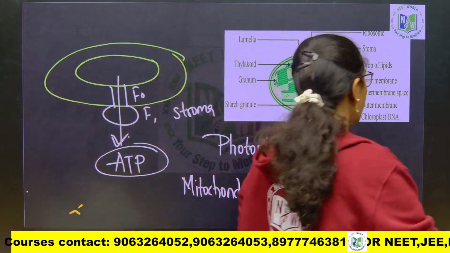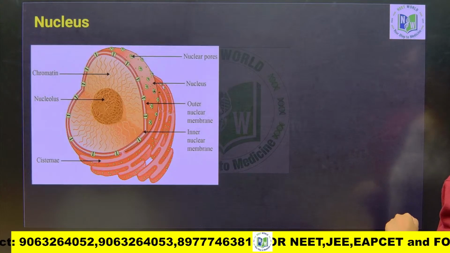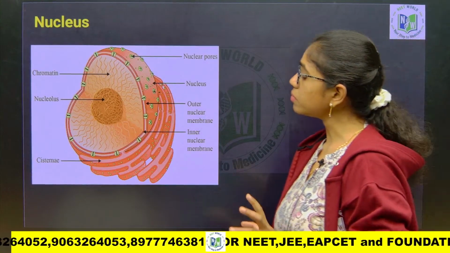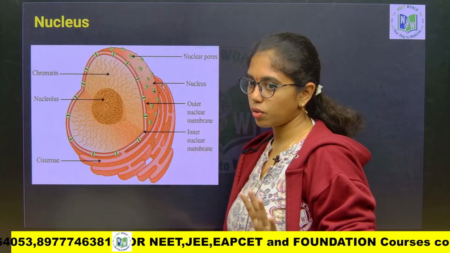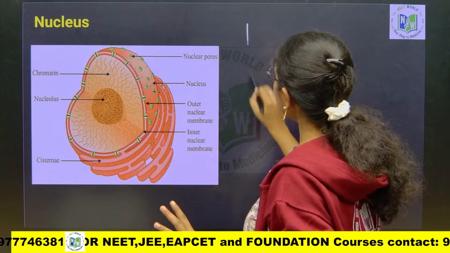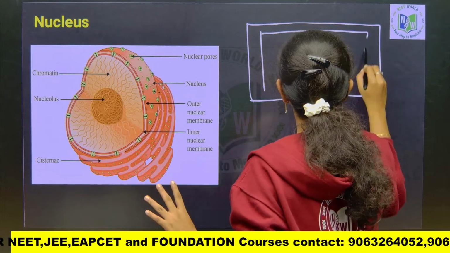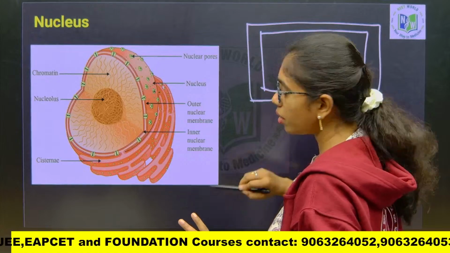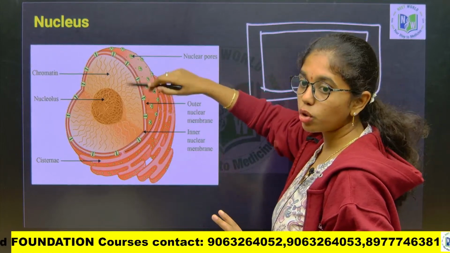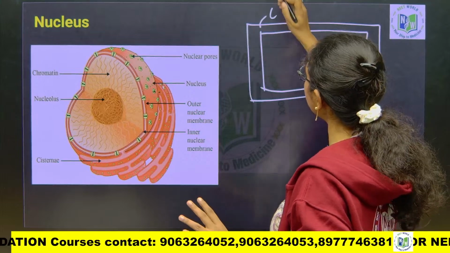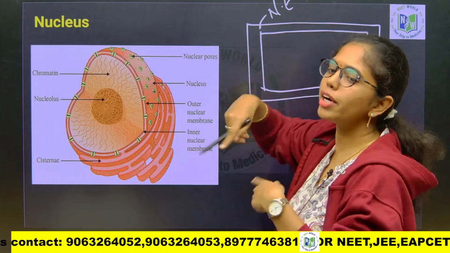Now, we will go to one more double membrane bound organelle, that is the nucleus. Nucleus is double membrane bound, but there are 4 sites in the nucleus that you have to note. If I consider this as a nucleus, the outer extensions of the nuclear envelope form the endoplasmic reticulum.